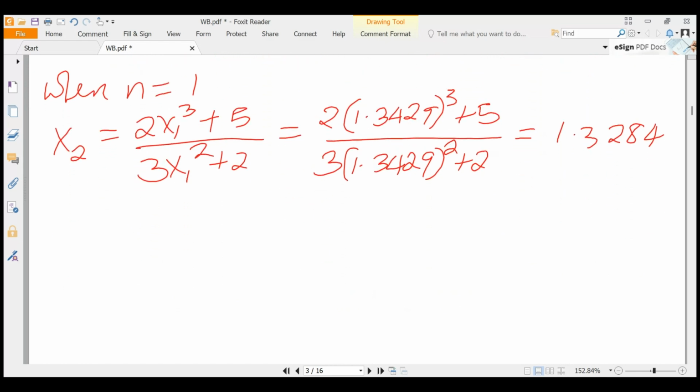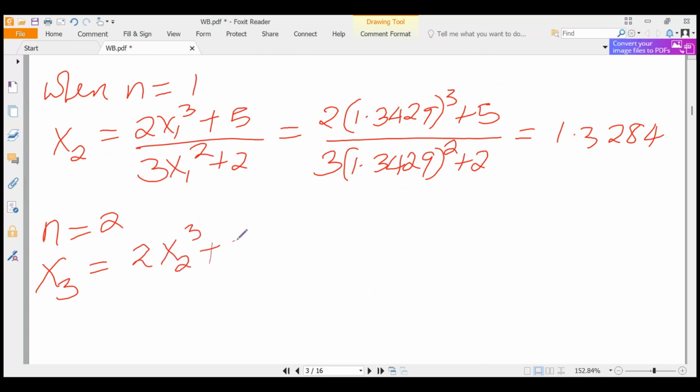Increasing the value of n to 2, we get x3 is equal to 2 x2 cubed plus 5 divided by 3 x2 squared plus 2.